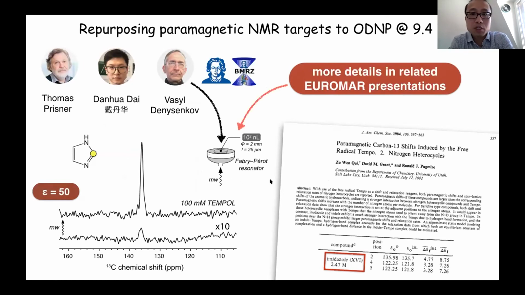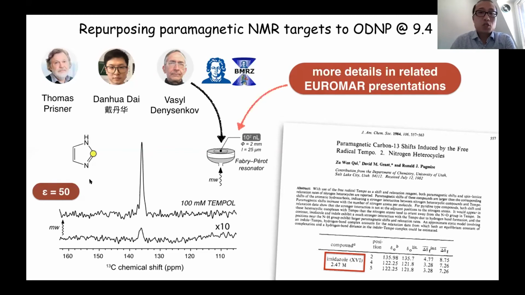For people who are more interested in the instrumentation details and some related applications, you may also follow some coming presentations from Thomas Prisner's group and my own talks on the Euromar. Nevertheless, as shown on the left, we obtained about 50-fold DNP enhancement on the carbon on this molecule in D2O at room temperature, which is truly impressive.